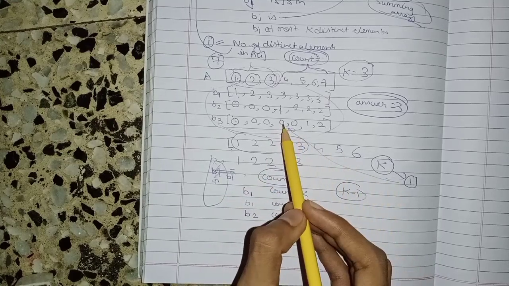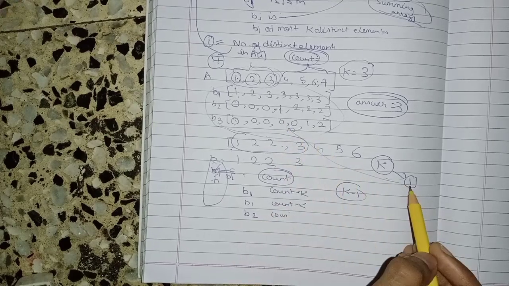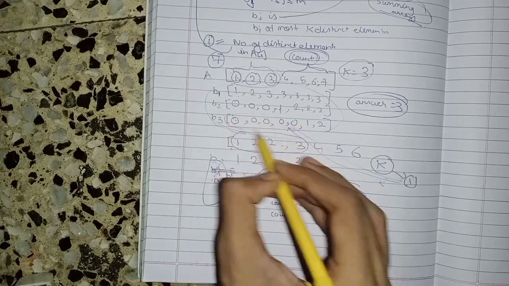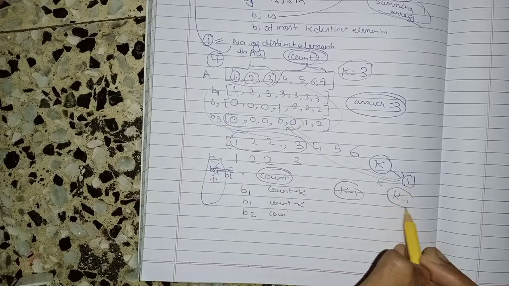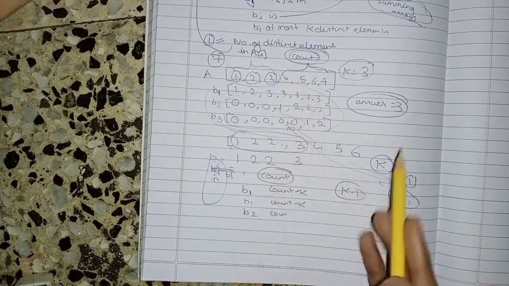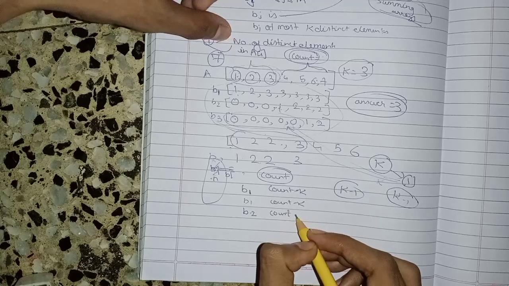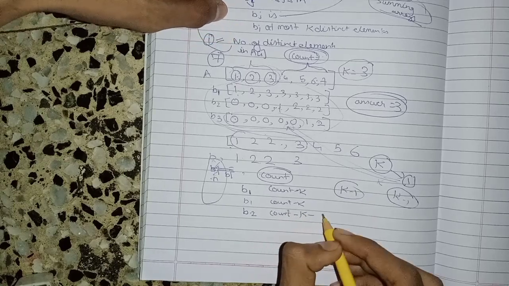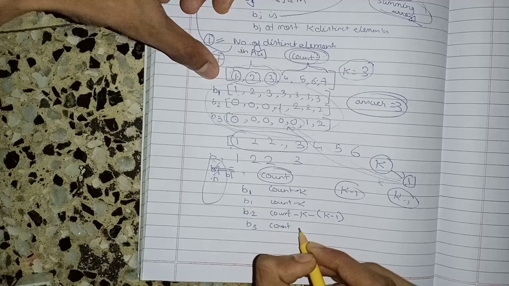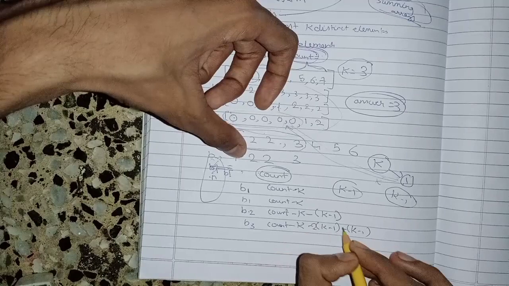So one of my k choices goes to writing the 0, and I am left with k minus 1 distinct terms, which I will use to fix two other unfixed terms. So when I write b2, I will still be left to fix count minus k minus 1 terms, and similarly for b3 it will be count minus k minus 1 minus k minus 1, that will be 2 times k minus 1.